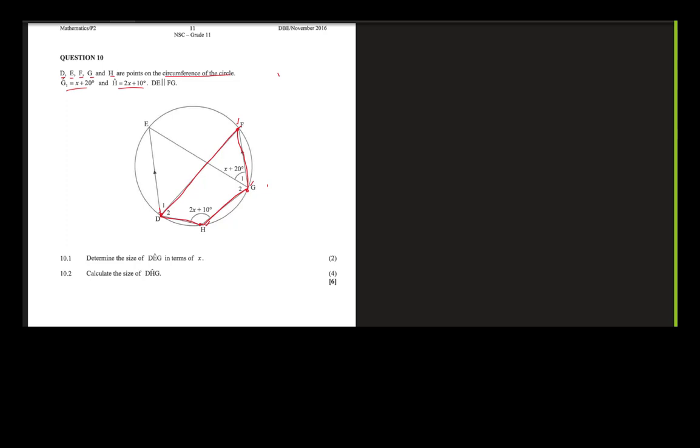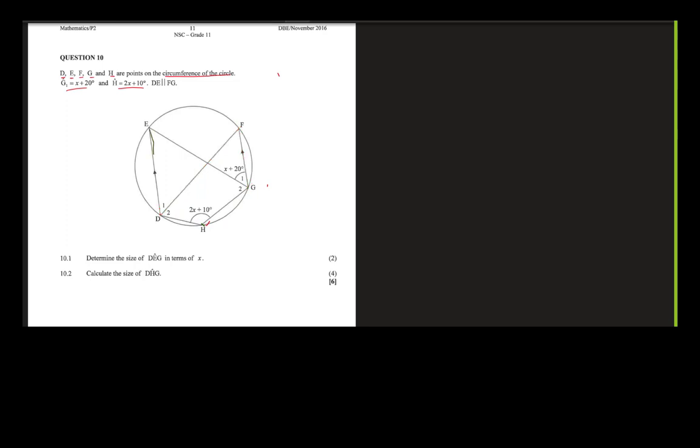Do you think EDHG is a cyclic quadrilateral? EDHG. Good. It's a cyclic quadrilateral because all points of the quadrilateral are at the circumference.